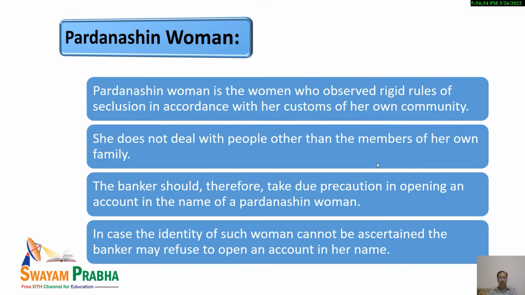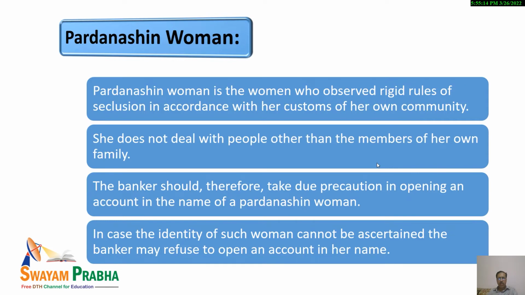Then Pardanashin woman. First of all, who is a Pardanashin woman? In various localities, in various areas of India, we still have Pardanashin women. A Pardanashin woman is a woman who observes rigid rules of seclusion in accordance with the customs of her own community. It may be some male dominated society, and they don't want their women going in public, and they still want strict customs and strict rules to be followed.